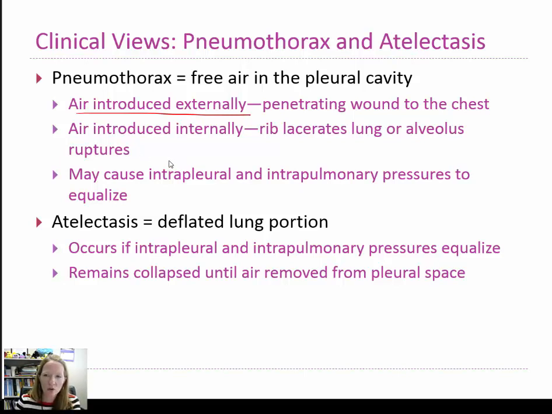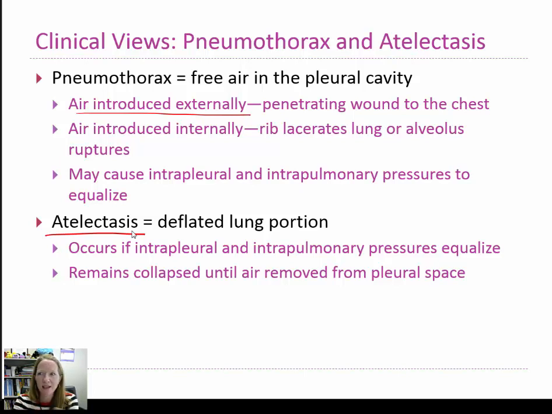Anytime that you destroy the integrity of that pleural cavity, of those two membranes that are sticking to one another, you're ripping that coaster off of the bottom of your glass. That's what's going to cause those two pressures to equalize, and that's what leads to something called atelectasis, which is going to be a collapsed lung. And it is going to remain collapsed until the air is removed from that pleural space.